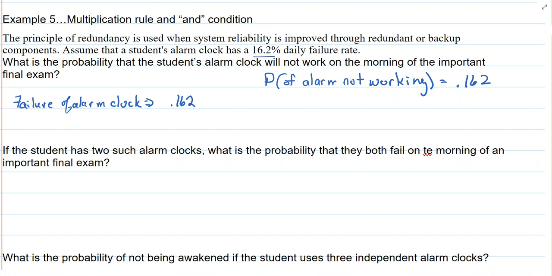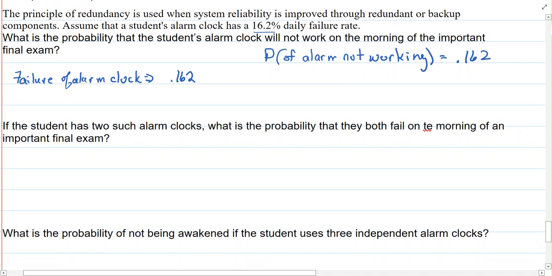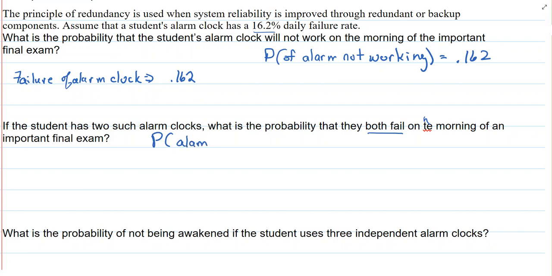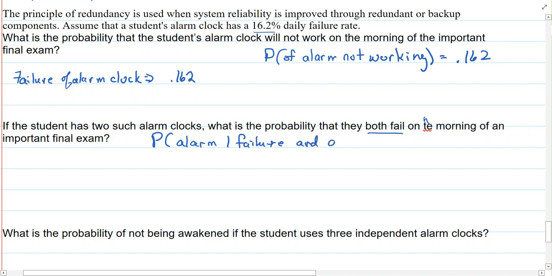If the student has two such alarm clocks, what is the probability that they both fail on the morning of the important exam? Well, this means the probability of alarm one and alarm two failure.